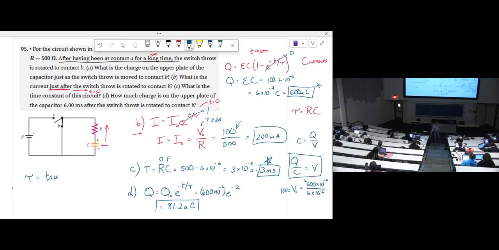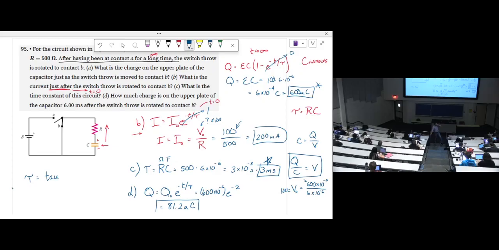So let's think about what tau means physically. And that's why I wrote it out this way with e raised to the minus 2. And remember, when you raise a number to a negative exponent, it's like taking 1 divided by that number that many times. So 2 times here.